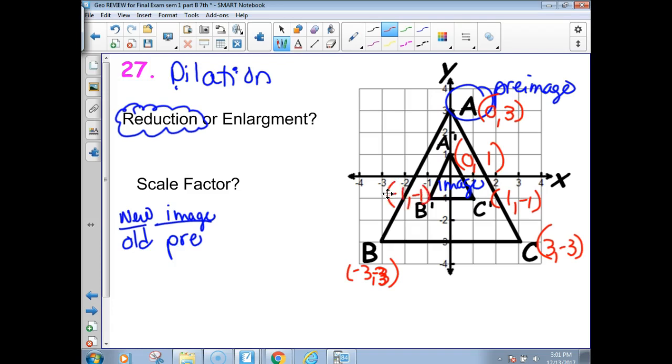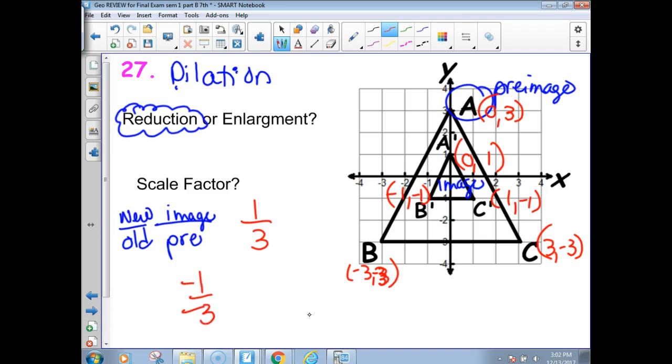What's happened to these points? They got smaller by how many times? 2? 3. So I would just take the easiest pair. The new over the old would be 1/3. 1 over 3. You could do negative 3 over negative 1 over negative 3.